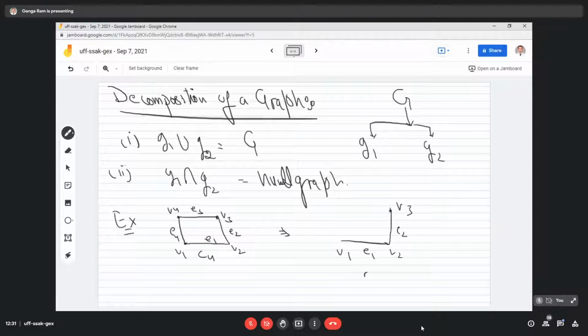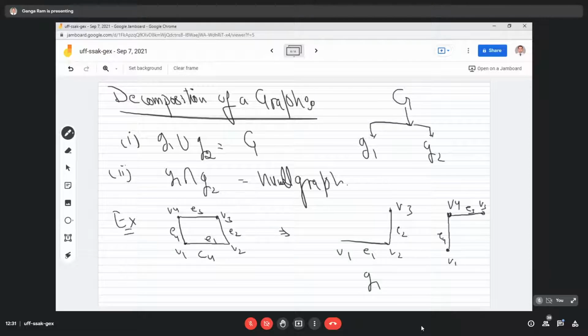This is small g1, and the second one is V1 V4 V3. So this is E3, this is E4. Okay. So the union will be the graph G. And intersection means there is nothing common.